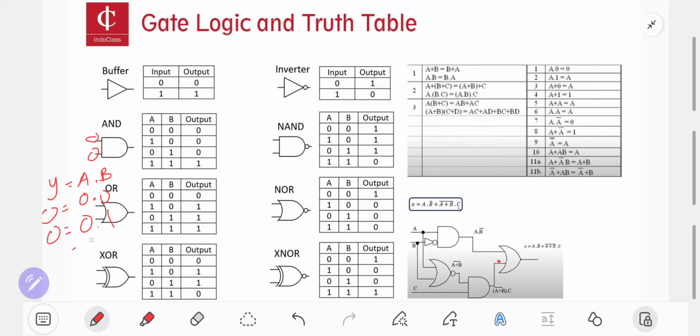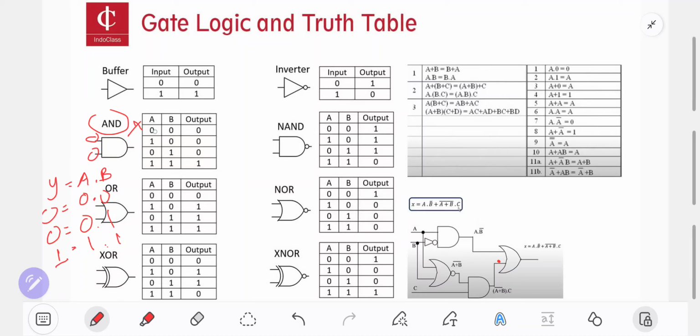If A is on or 1 and B is 1, then 1 times 1 is equal to 1. Okay, you can think AND is like times.